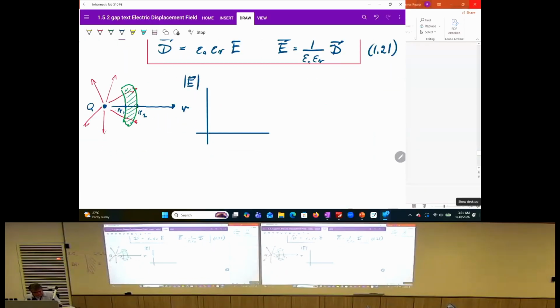Sketch the absolute value of the electric field versus the radius. We know that in immediate vicinity to the point charge, the electric field is very strong. What happens actually when the radius is 0 for the electric field?